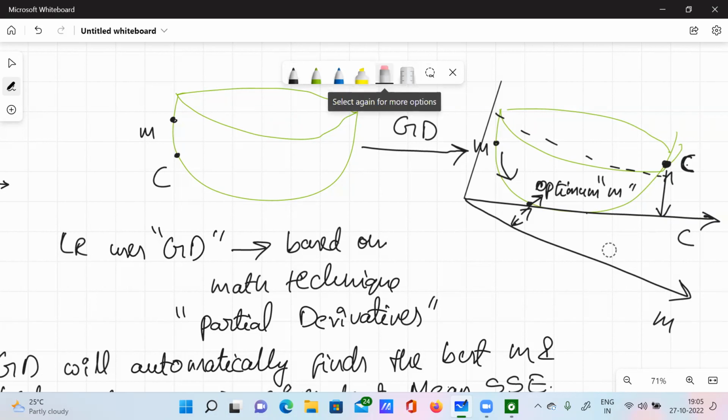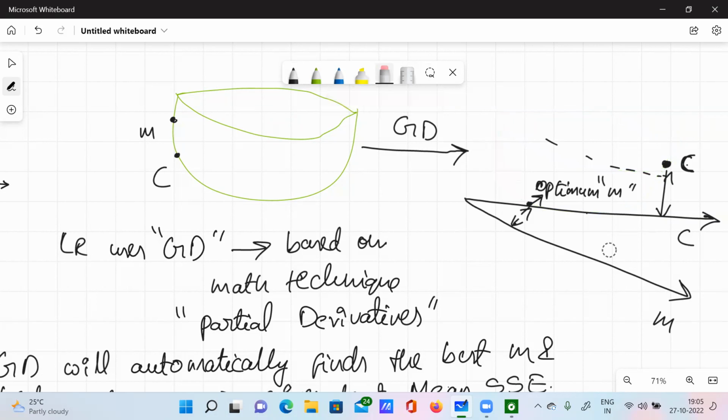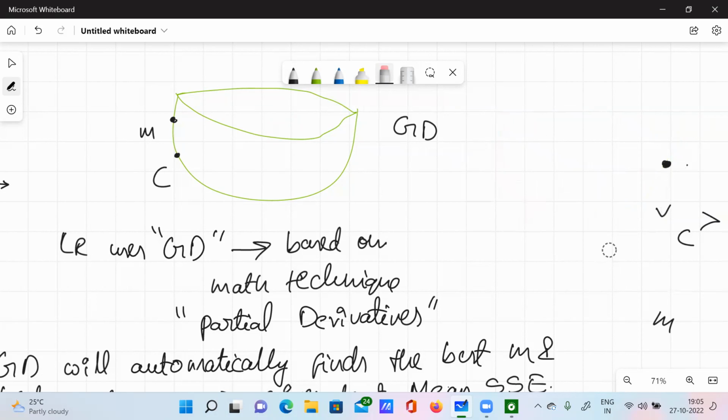So what I can do is simply rub all of these out, and I'll try to draw it somewhat more neatly. So this is the perfect diagram, where our linear regression assigns the M value and the C value randomly.